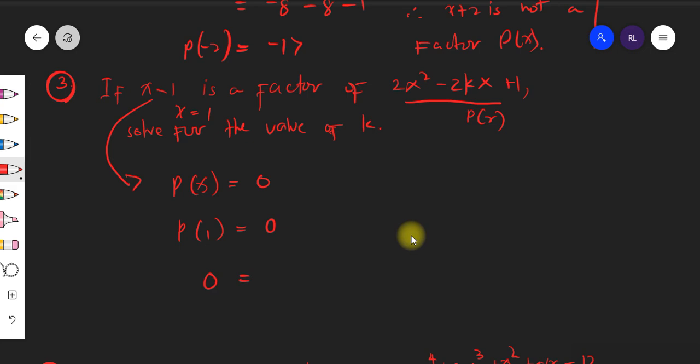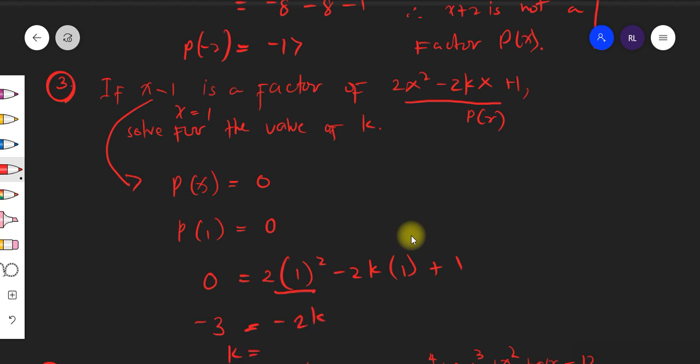Let's try to substitute 1 in the polynomial. 2k times 1 plus 1. It simply tells us that this one becomes 2, then this becomes 1, then we have negative 3 equals negative 2k.